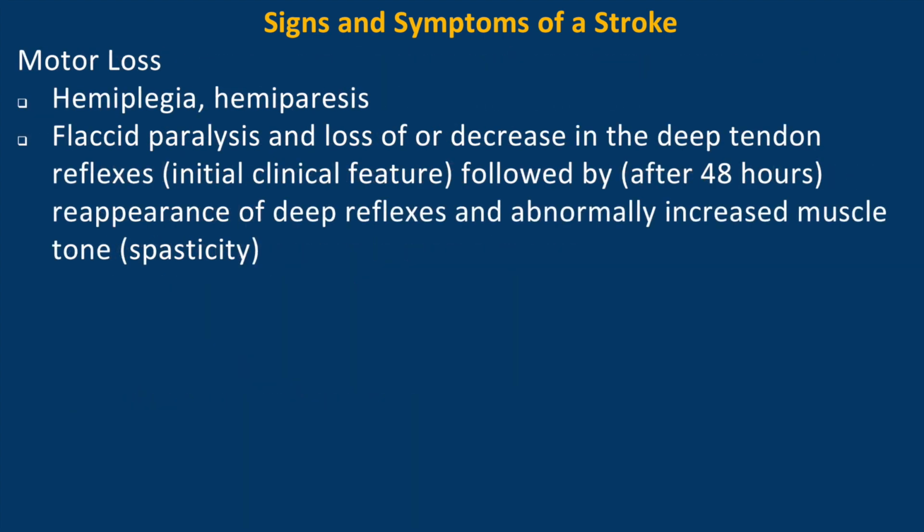The patient will have motor loss such as hemiplegia, hemiparesis, flaccid paralysis, and loss of or decrease in the deep tendon reflexes. That is the initial clinical feature, followed by reappearance of deep reflexes and abnormally increased muscle tone, that is spasticity. It happens after 48 hours.